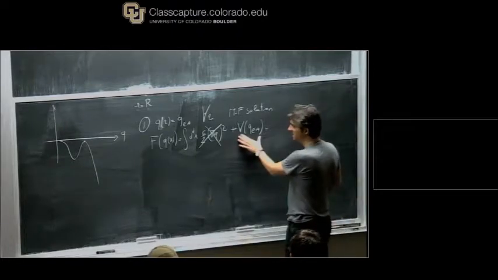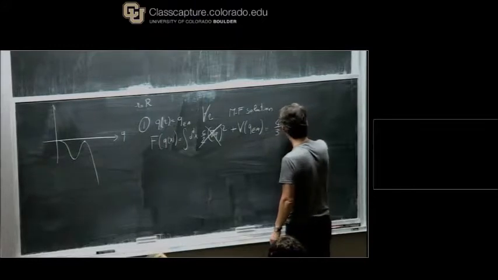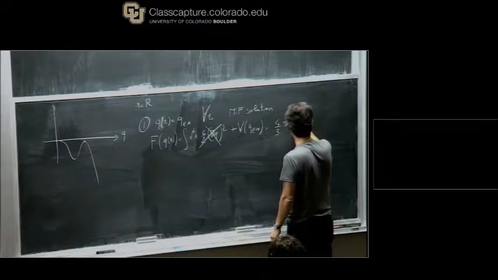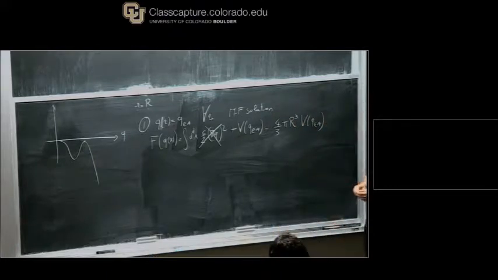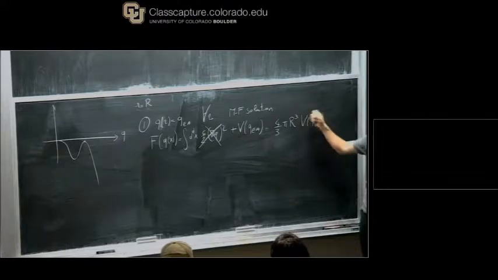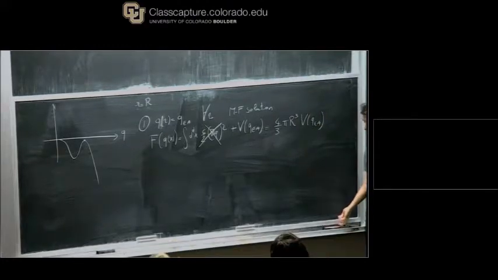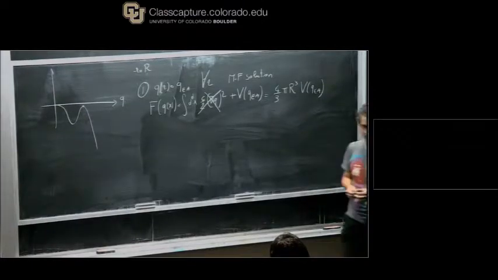Since this is constant, I will just put it out of the integral, and this will give you just the volume of the sphere times V of Q_EA. Okay? And remember, always, V of Q_EA is nothing else than the configurational entropy. So this is very small.